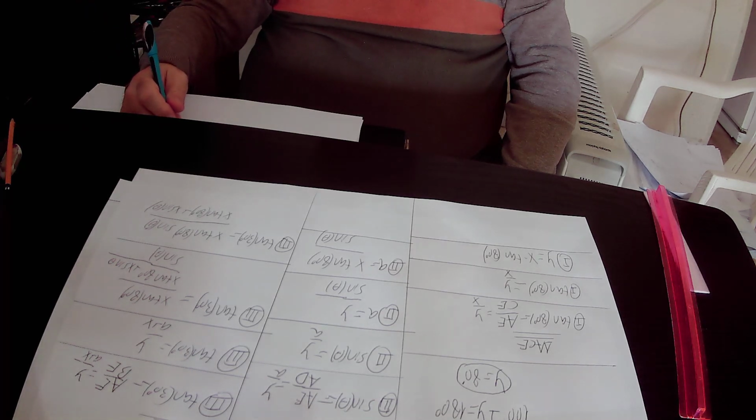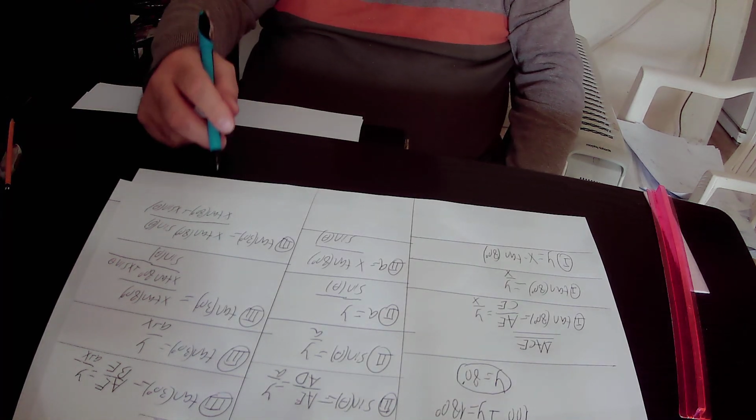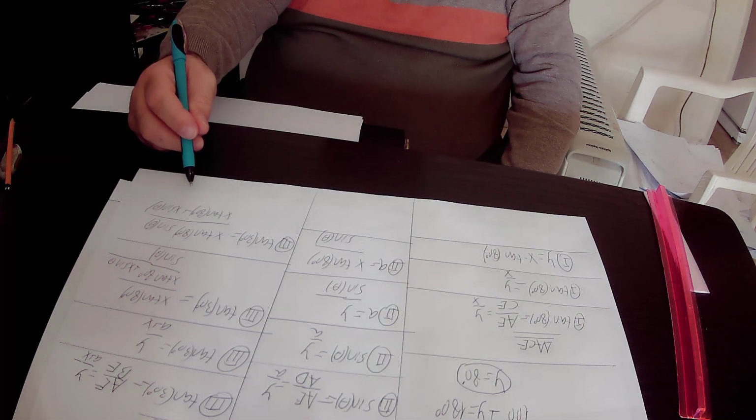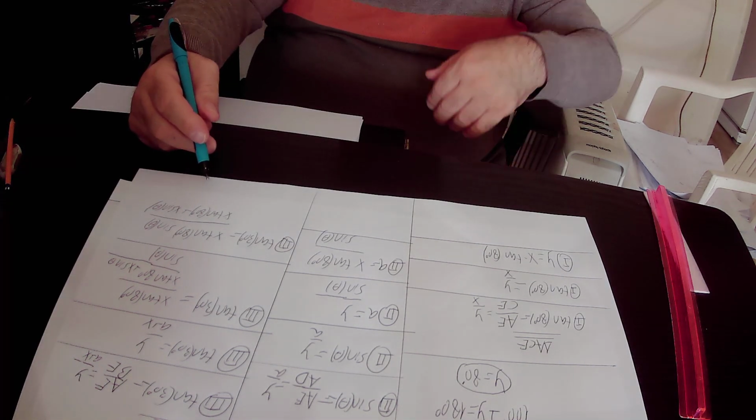Okay, so here we have X in the numerator and we have X also in the denominator, so X will get cancelled.